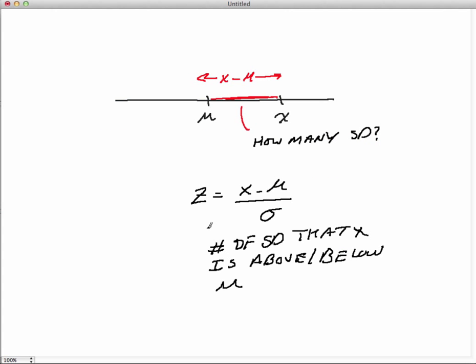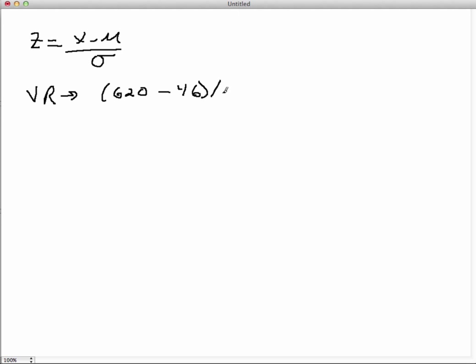So let's get a fresh whiteboard here. Go ahead and clean this one up. How do we actually calculate a z-score? Well, remember that z is equal to x minus mu divided by sigma. In the case of the verbal reasoning, she scored a 620, so that's 620 minus the mean, which was 462, divided by the standard deviation, which was 119.